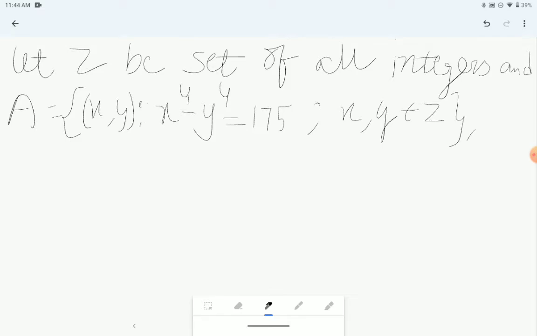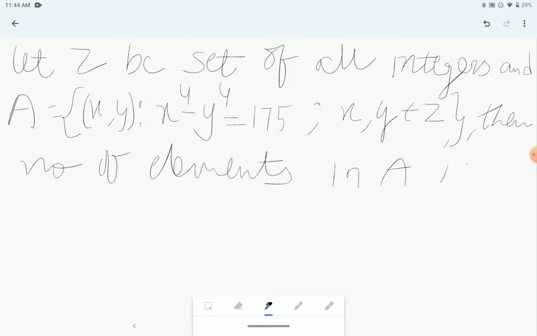Then the number of elements in A is, this is the question that came in JEE Mains. Now we'll be solving this.